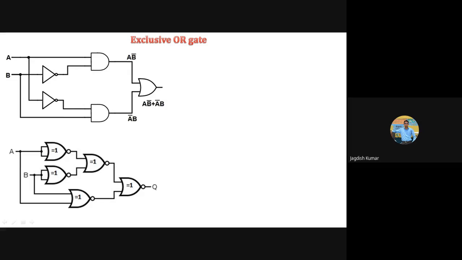Now, since you are sitting with your notebooks, try it and let me know if you can get the final expression of this circuit same as this expression. Yes, please try it. Waiting for your response.